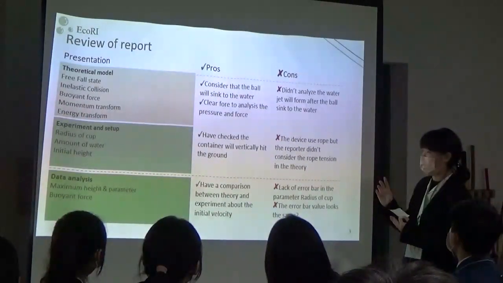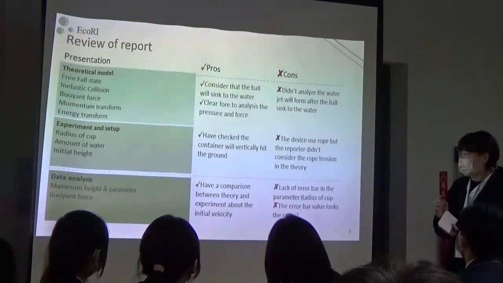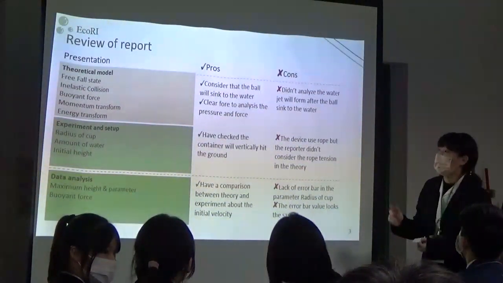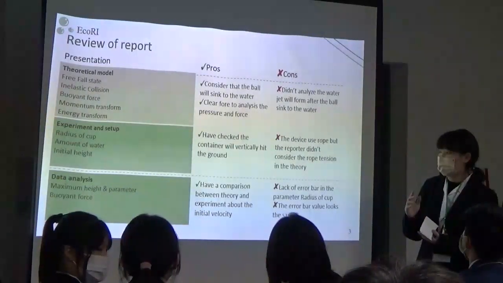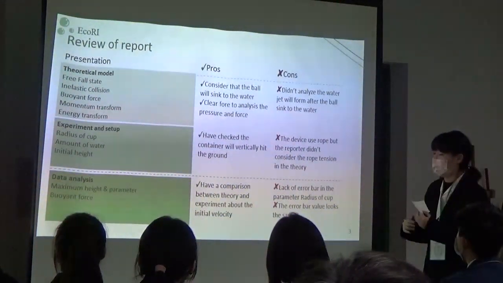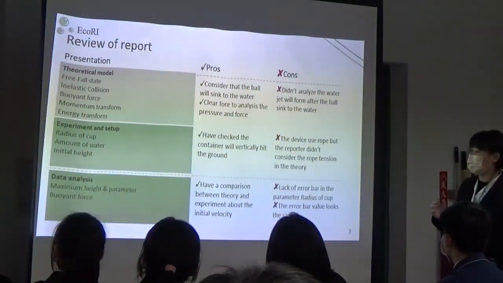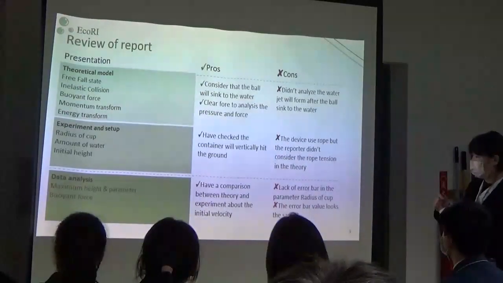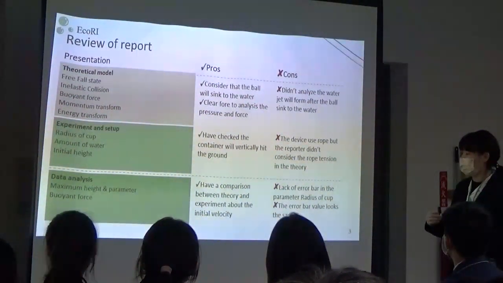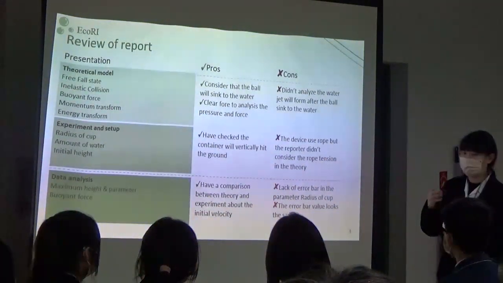The container was dropped vertically to the ground by using a rope. And for the device, it used a rope, but the reporter didn't consider the rope in the theory. And for the data analysis, he got the natural height and other parameters, and first he made a qualitative comparison between the theory and the experiment about the initial velocity. About the natural height, an error bar in the structure may occur, and the error bar values are the same.